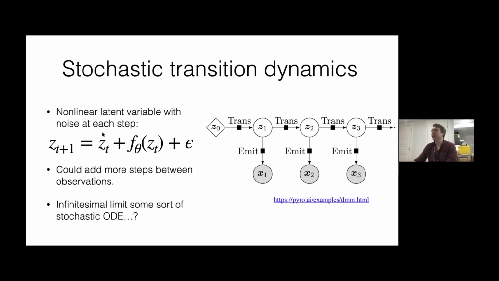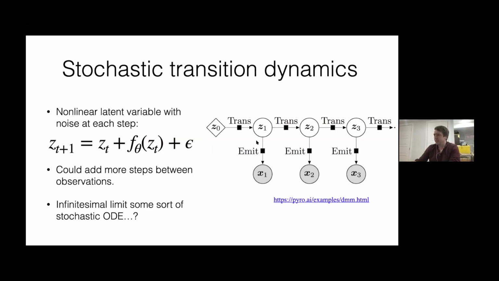So the thing that's missing from those models is the stochastic transition dynamics. And Kalman filters, hidden Markov models, all these say that every update has some noise that's added. And this is important for modeling all the little unobserved interactions that happen that we didn't get to see.